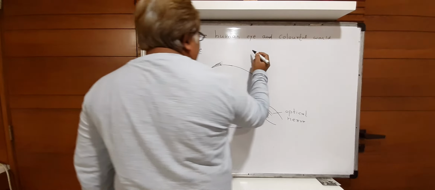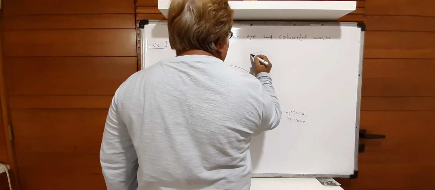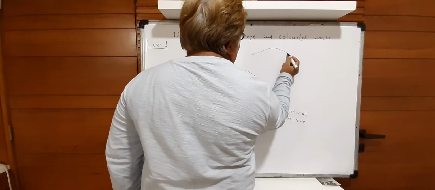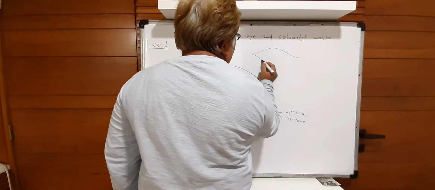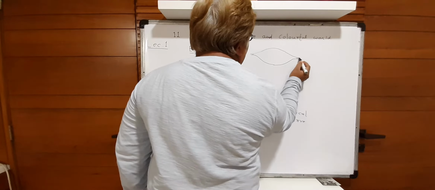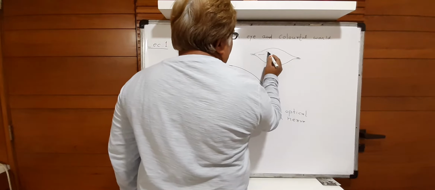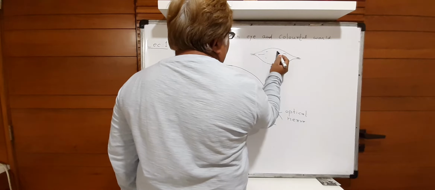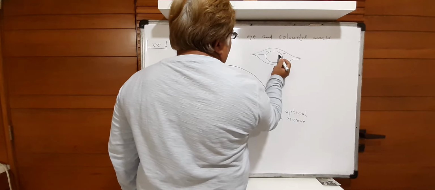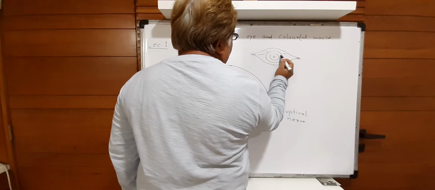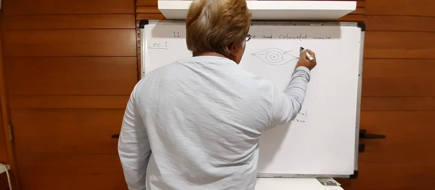From the front, your eye looks like this, as you all know. Front view is just like this. It looks like this, fibrous, jelly like. This is the front view of the eye.